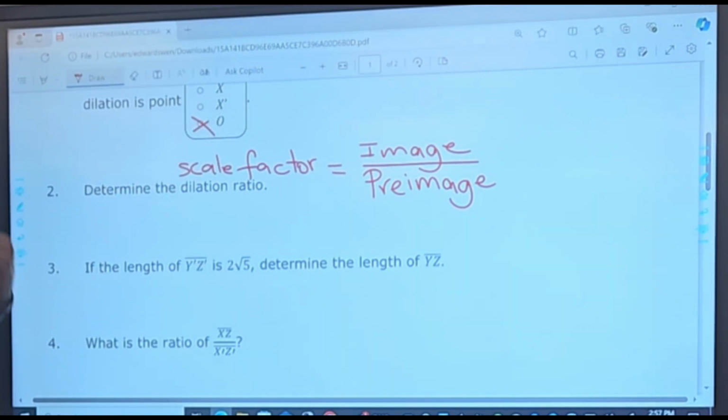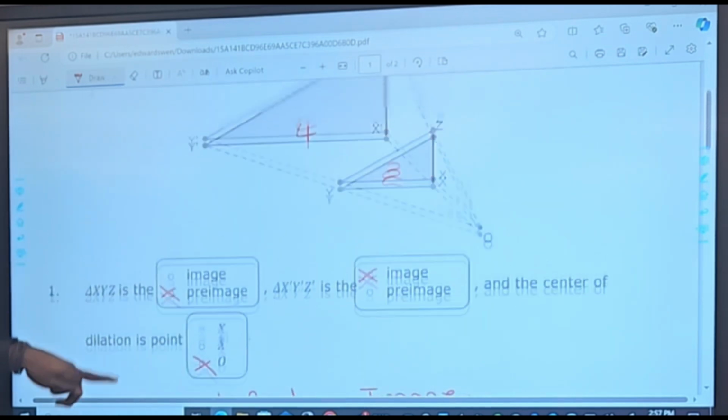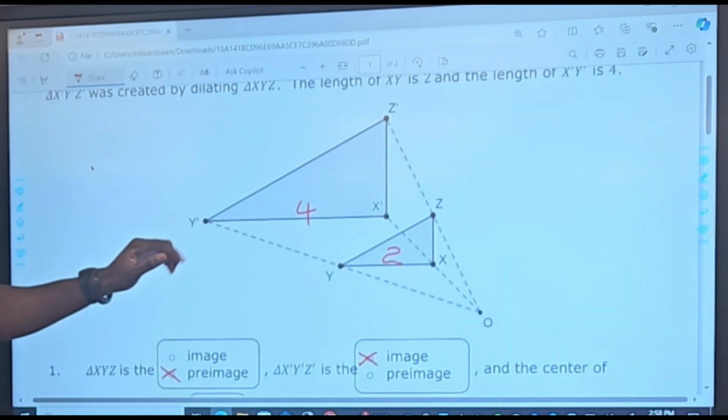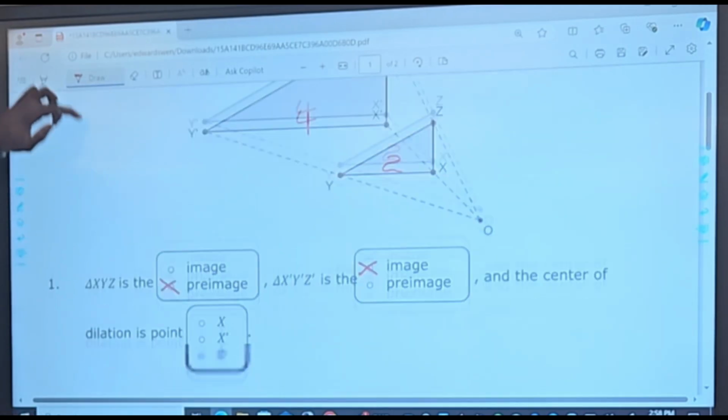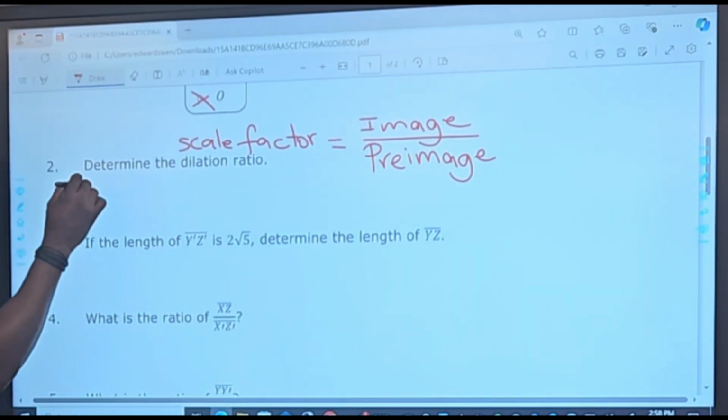So in order to find this number, we're going to have to go back to see what we were given. If you notice, we were given two things. One, we were given xy to be 2, x prime, y prime to be 4. So you're seeing where these are corresponding sides, right? So we're going to put things in context.